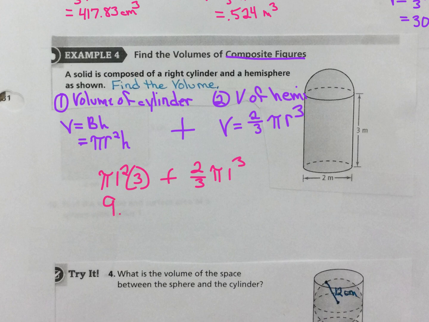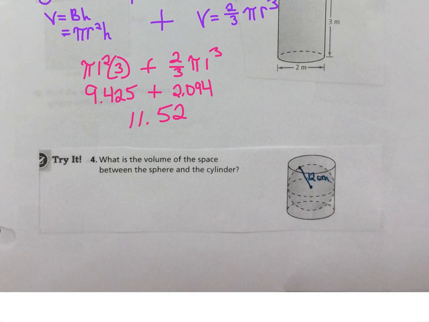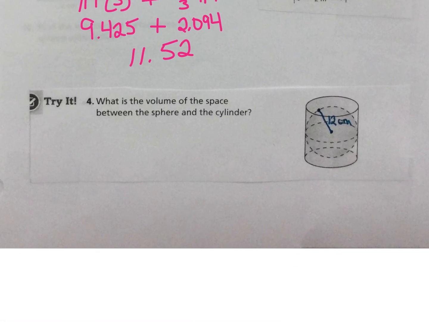And this would be 9.425 plus 2.094 for a volume total of 11.52. Okay? Now, let me just add them together.